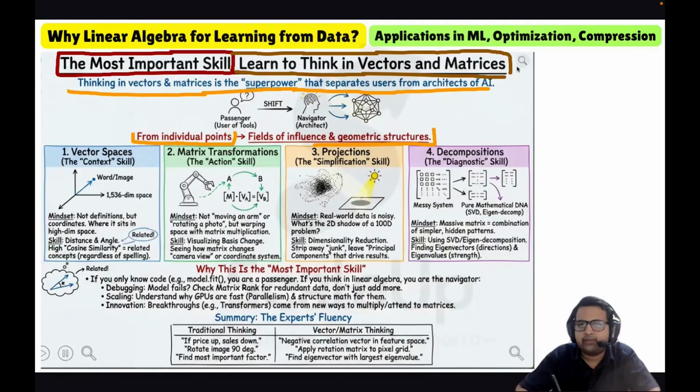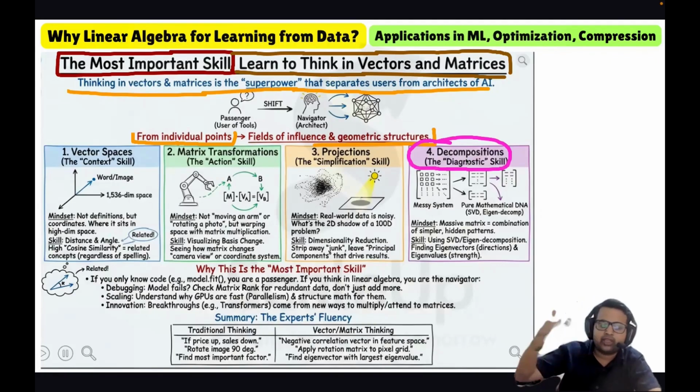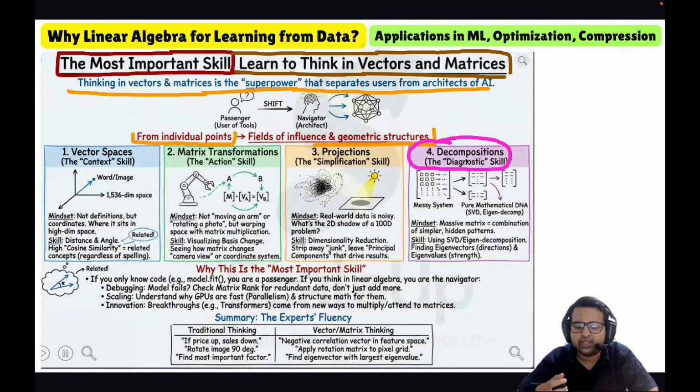And then we have thinking in terms of decompositions, the diagnostic skill. First let us understand the meaning of it. This is the highest level of thinking: taking a complex, messy system and breaking it into its pure mathematical DNA.